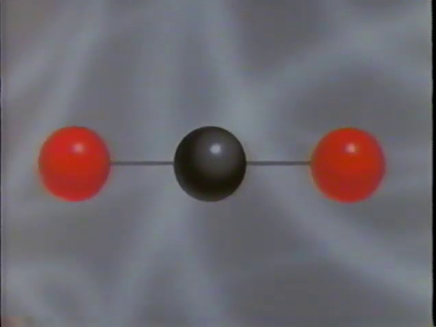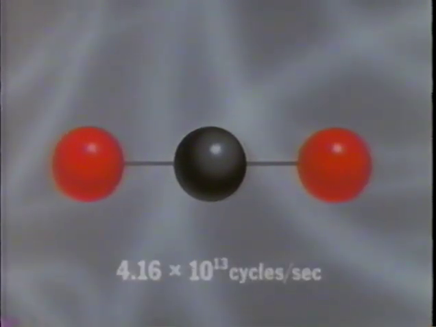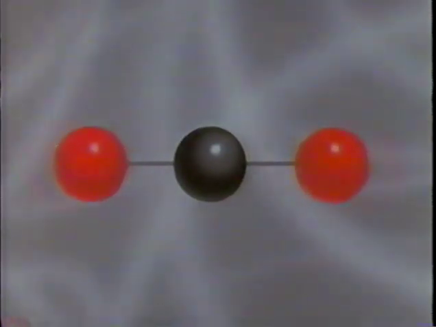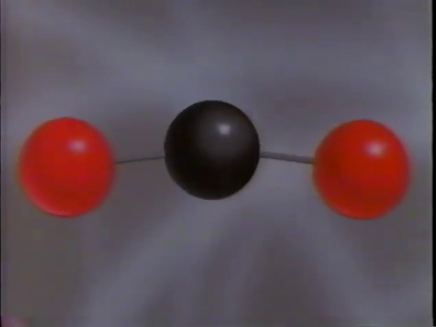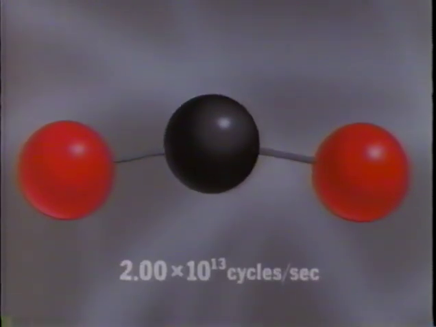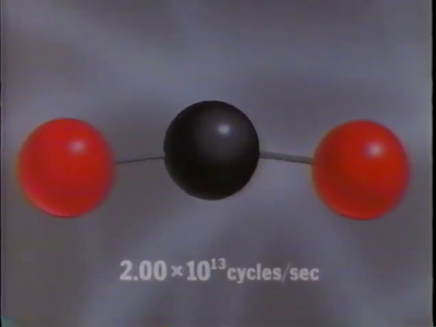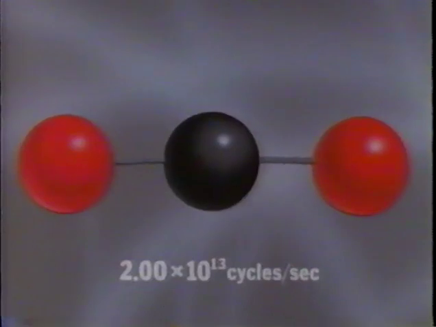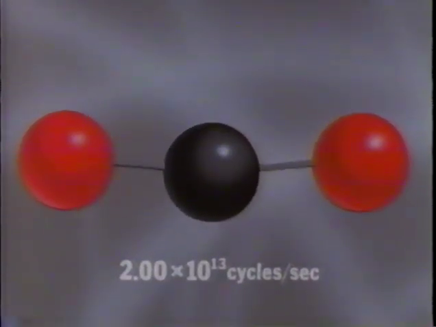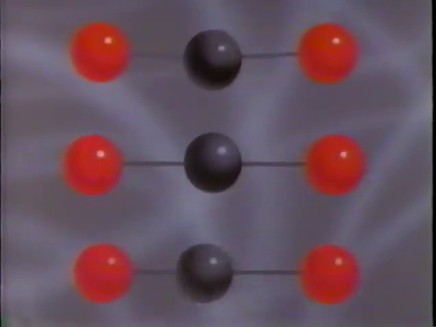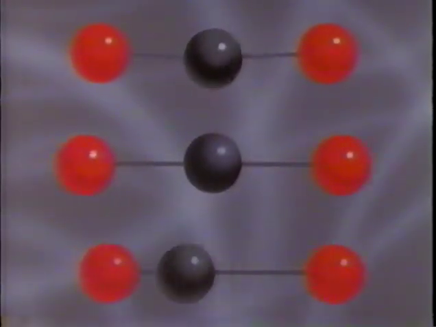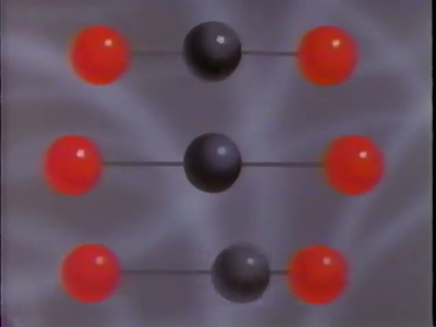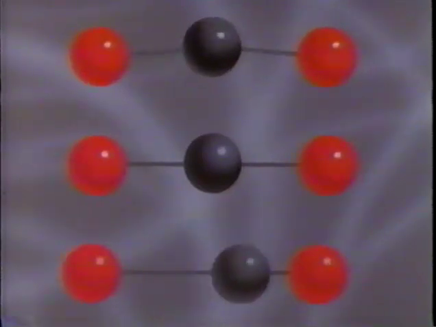Like this at 4.16 times 10 to the 13th cycles per second, and like this at 2.00 times 10 to the 13th cycles per second, the lowest natural frequency. These three frequencies are all the components we need to describe the vibrations of CO2, any CO2 motion.